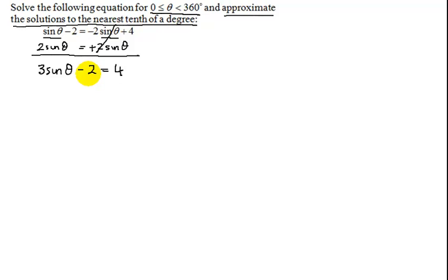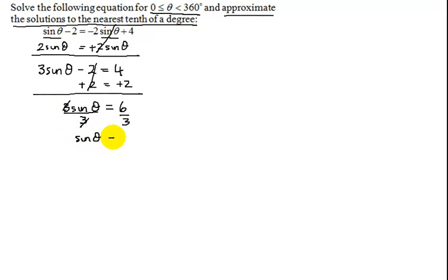Now I need to get rid of this minus 2, so I'm going to add 2 to both sides. And so I get 3 sine theta is 4 plus 2 is 6. Last thing I have to do to get sine theta by itself is divide both sides by 3. So this tells me that the sine of theta equals 2.